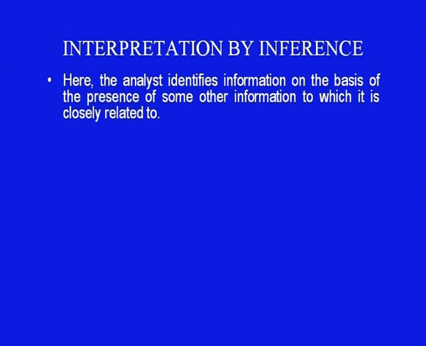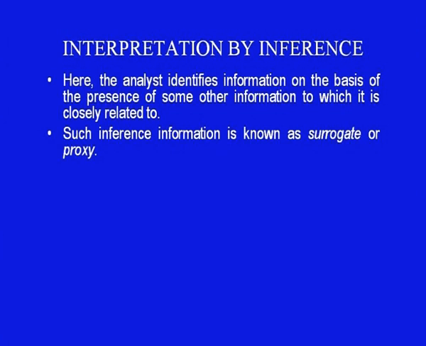The next strategy is interpretation by inference. Here, the analyst identifies the information on the basis of the presence of some other information to which it is closely related. Such inferred information is known as surrogate or proxy.